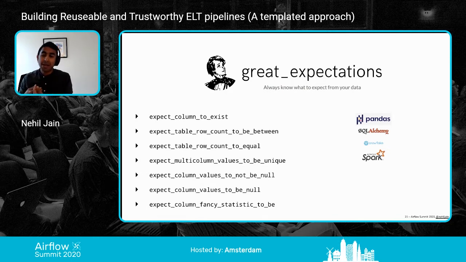So you can say things like, expect my column to exist and expect some property of my table, compare different columns, compare different tables, stuff like that. There are a lot of expectations which encompass all the best practices you would want to test already coming out of the library natively. You can extend that because it's a Python library with your own assertions as well.